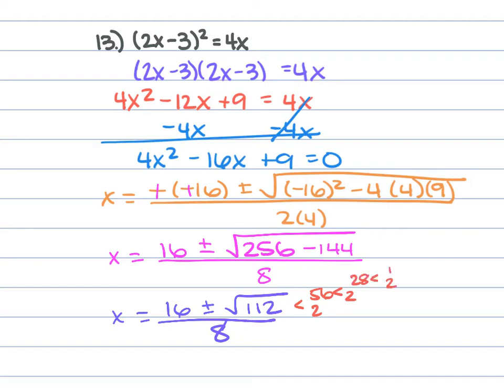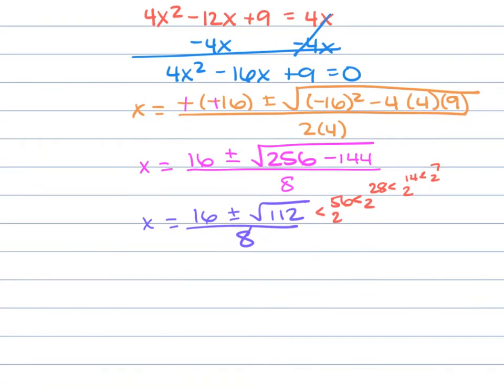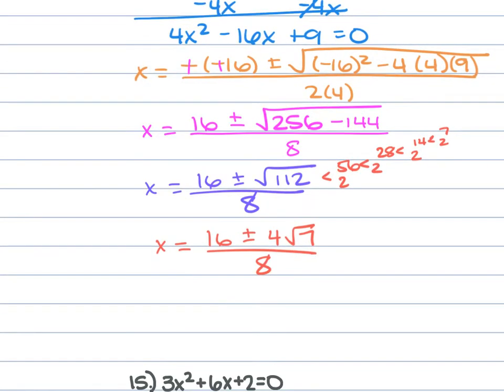The 28 is 2 and 14. The 14 is 2 and 7. So 2 times 2 is 4 square root 7. So x is equal to 16 plus or minus 4 square root 7 all over 8. I'm going to simplify all these so that way I have x is equal to 4 plus or minus the square root of 7 all over 2.